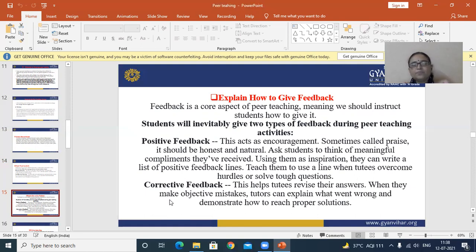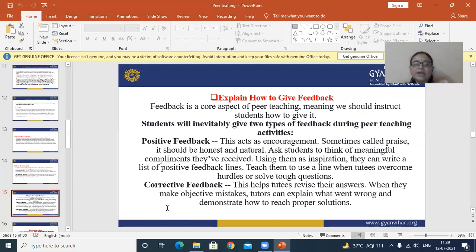Positive feedback. This acts as encouragement, sometimes called praise. It should be honest and natural. Ask students to think of meaningful compliments they have received, using them as inspiration.